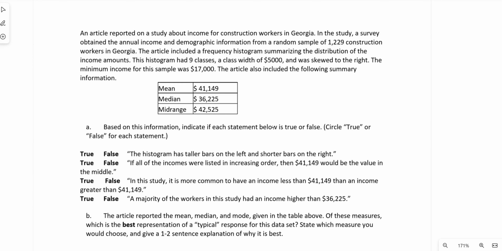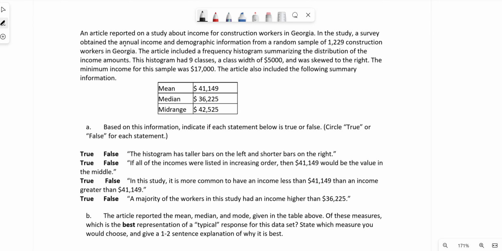Everyone. In this video, I'd like to go over an example of how to use descriptive statistics in answering questions about a given dataset. In this example, an article reported on a study about income for construction workers in Georgia.